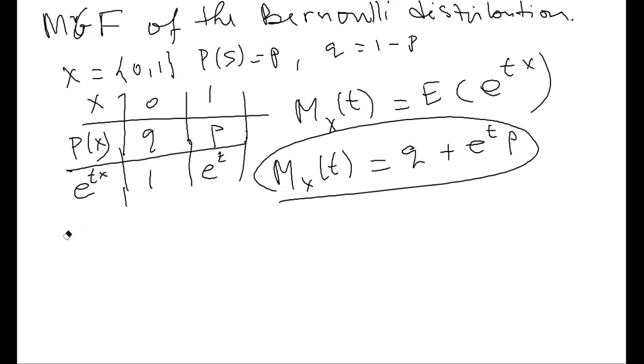Now observe that every binomial distribution is the finite sum of independent Bernoulli random variables. Now let x be a binomial distribution with n and p.